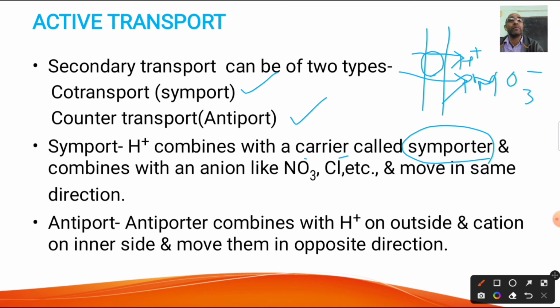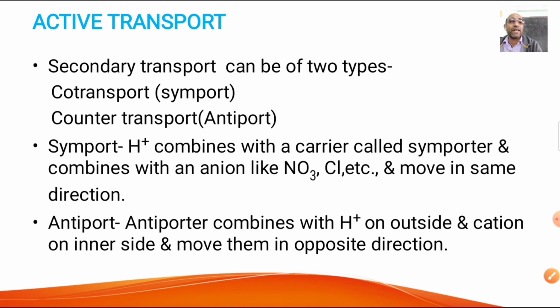One cation, that is H plus, is combining with an anion. Okay? Now, as far as your antiport is concerned, it is just the opposite. What happens? Here, it is Cl minus. I have not written NO3 and Cl properly, it should be NO3 minus and Cl minus because these are anions.